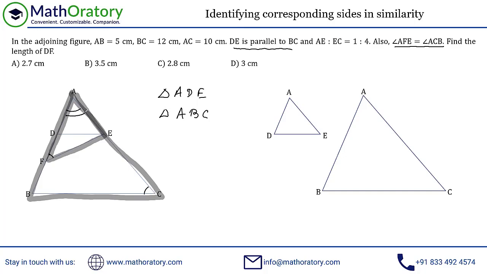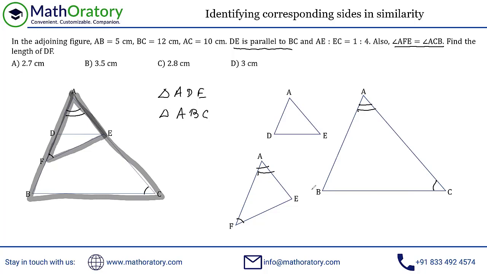So if I consider this AFE triangle, this F angle is equal to this C angle, and A is anyhow a common vertex. So these two angles are equal, making the third angle also equal.